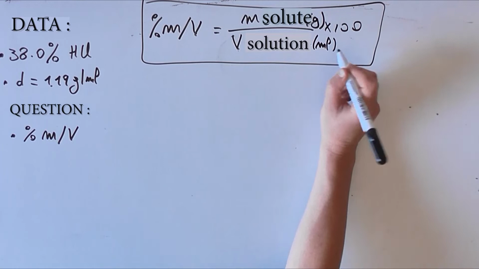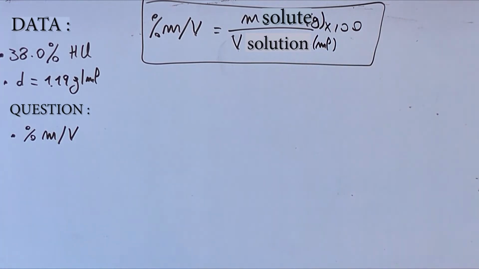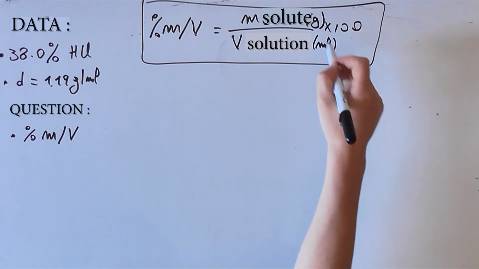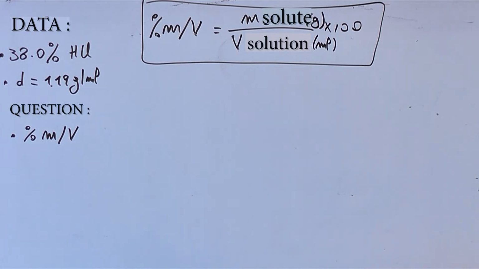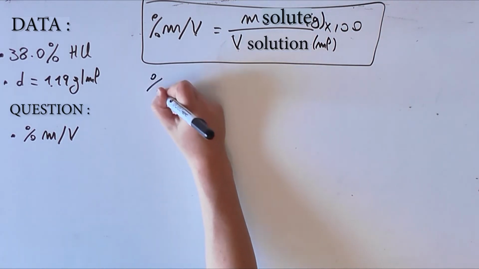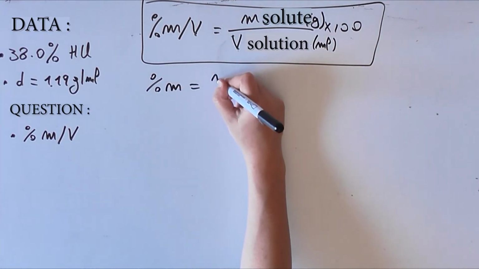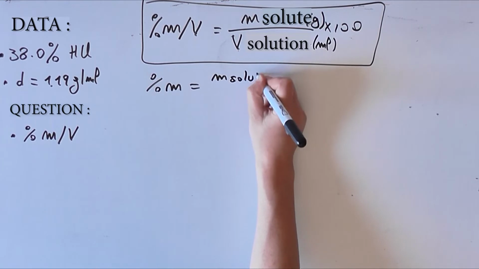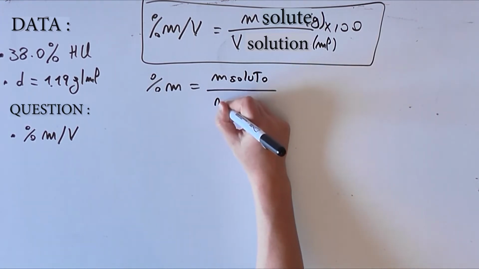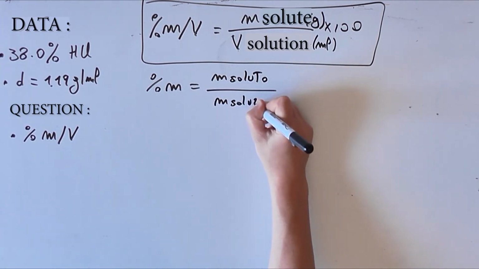Let's write again the formula of the percentage by mass, because we have it again. The percentage by mass is the mass of solute divided by the mass of solution.